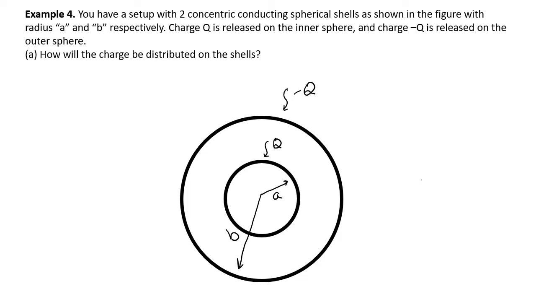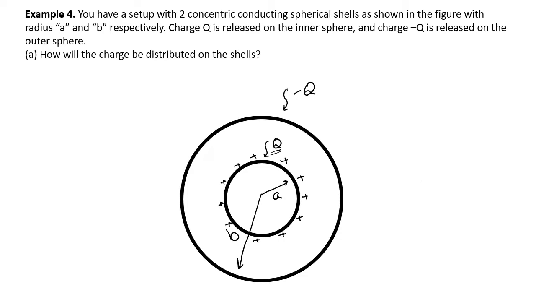Where and how will this charge be distributed on the various shells? Well, as we have seen, when we release charge on a conductor, it tries to go to the outermost surface. So this charge which we have released, and assuming again it is positive, will go and sit on the outside surface here.